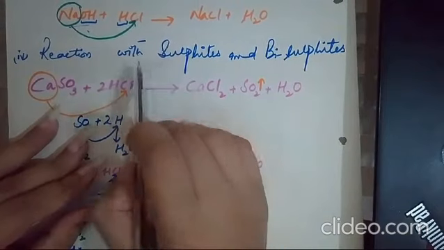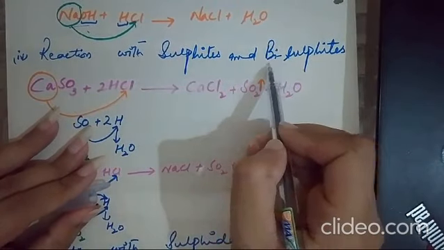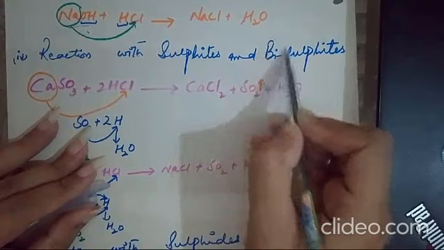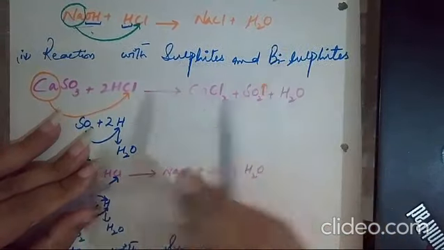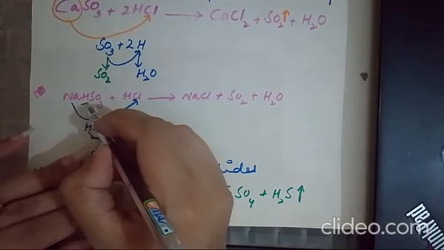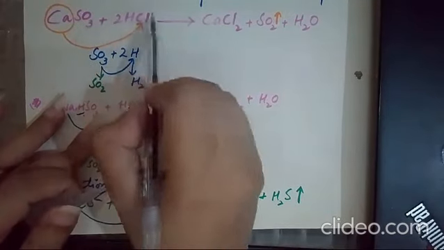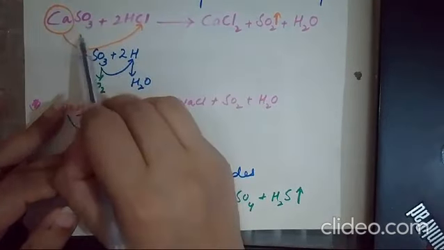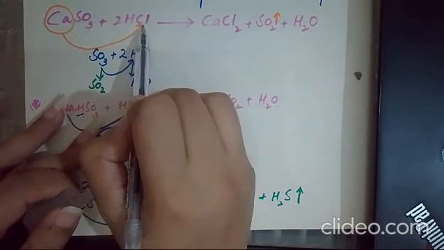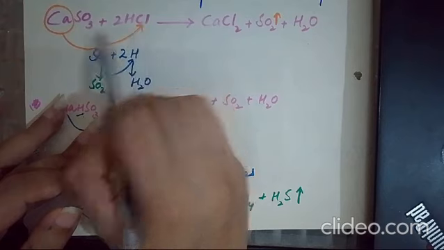The next one is reaction with sulfites and bisulfites. Again, we have bi in the compound, meaning presence of H. When sulfites like calcium sulfite react with HCl, what will happen?